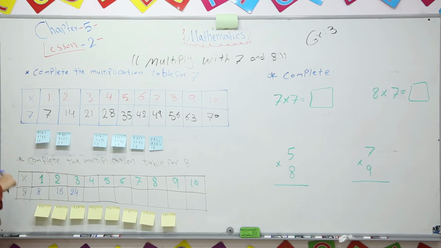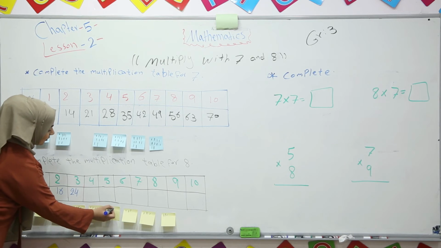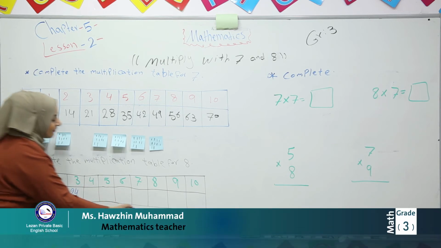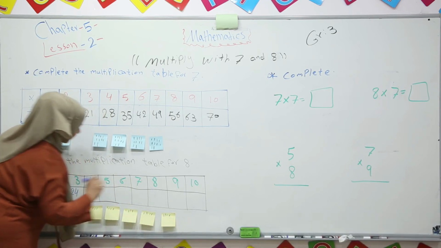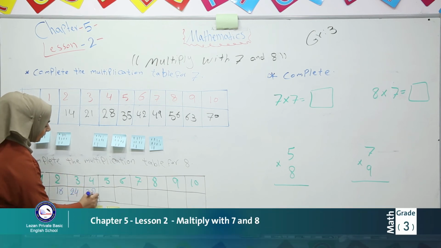8 times by 4. We have 8 groups. Each group contains 4 objects, okay? 24, 25, 26, 27, 28, 29, 30, 31, 32. So 8 times by 4 is 32.